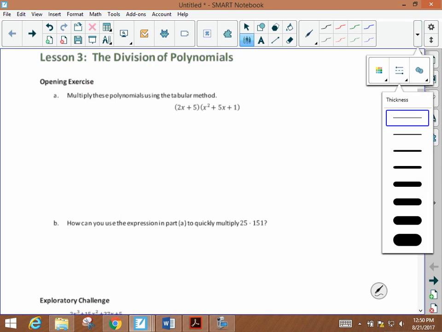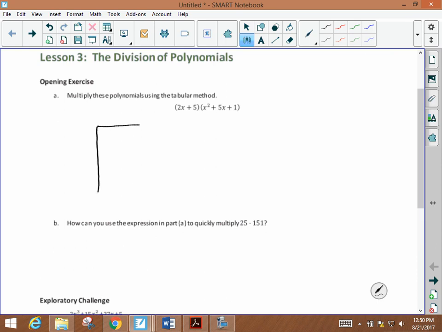So here we go. Let's go ahead and multiply these two polynomials using the tabular method. I notice that I have a trinomial and I have a binomial, so I am probably going to need a 3x3 table right away. And there it is, 3x3. On the top, I'm going to put this trinomial x squared plus 5x plus 1.